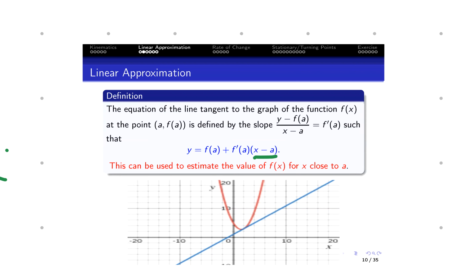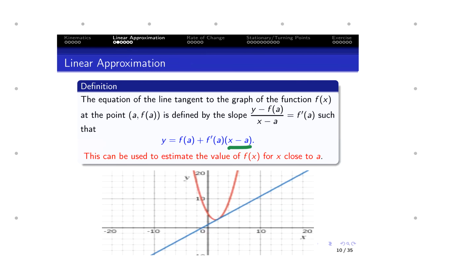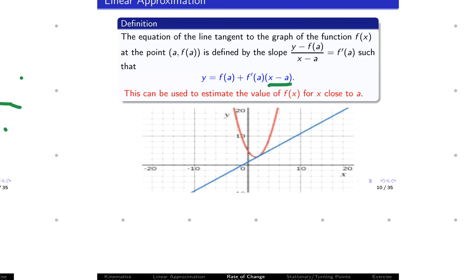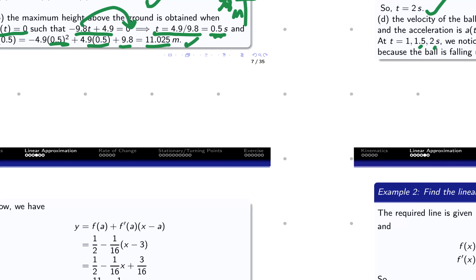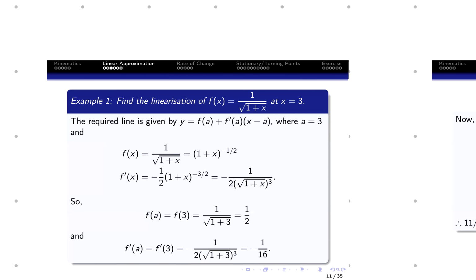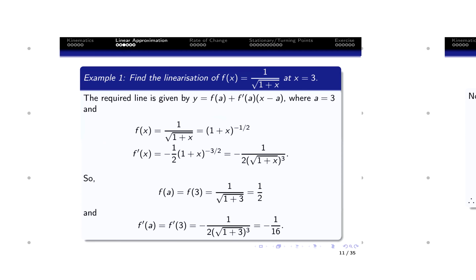And then we can take particular examples as we go to slide 11. Example 1: find the linearization of f of x, which is 1 over the square root of 1 plus x, at x equals 3. Now you can see the function itself is not a linear function.